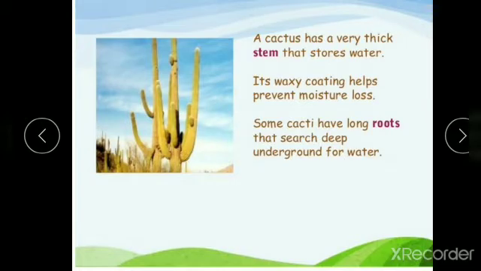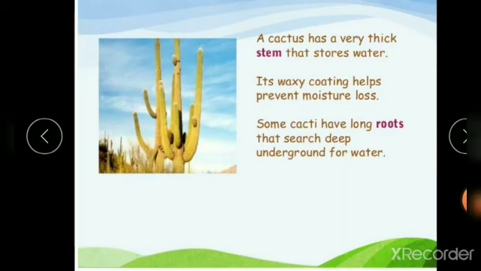So what we have seen is that a cactus has a very thick stem that stores water in it, and its waxy coating helps prevent water loss. Some cacti have long roots that search deep underground for water. These are some of the adaptations of the cactus to live in the desert.